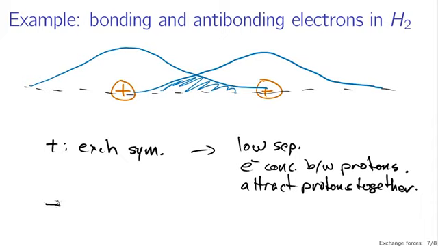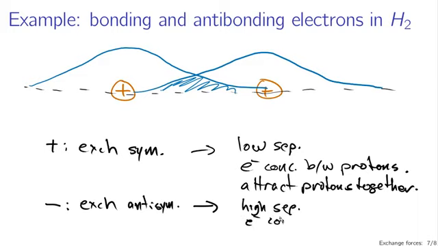On the other hand, if I'd used the minus sign for the combination, I have an exchange antisymmetric wave function, and that's going to give me a higher separation. The electrons are going to be concentrated away from the center.